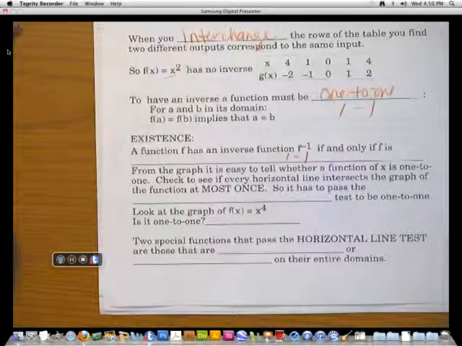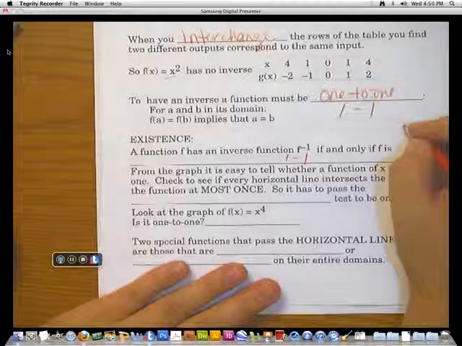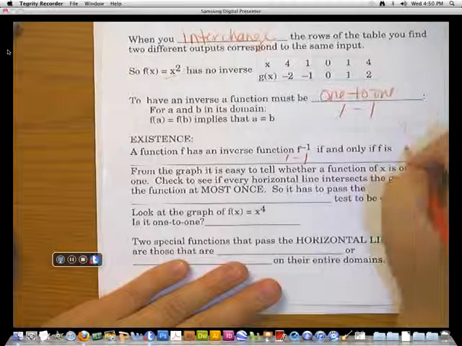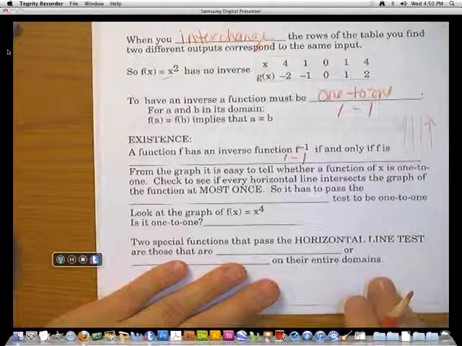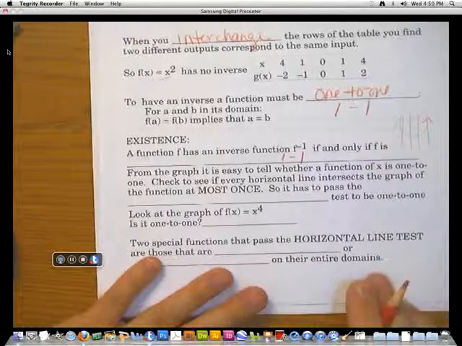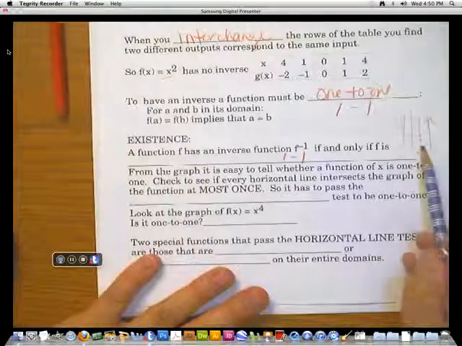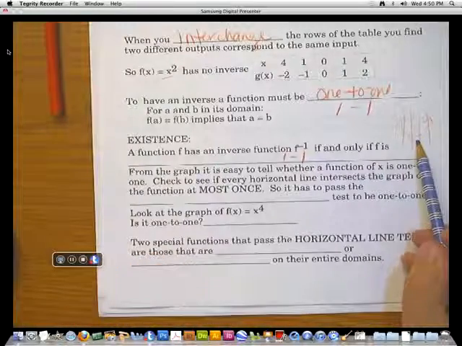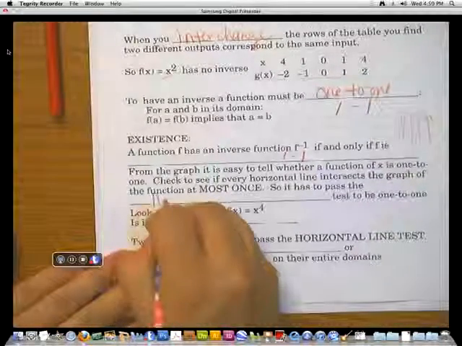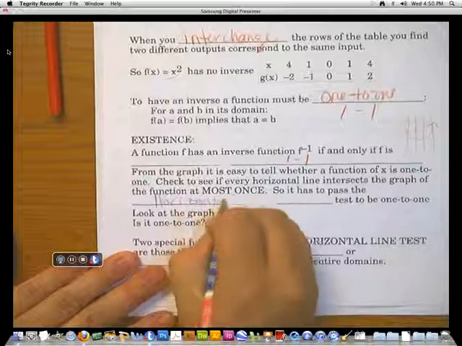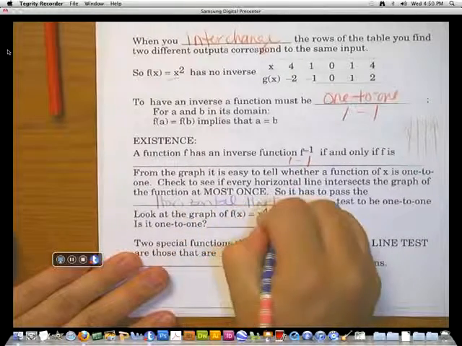Now, we can tell if a relation is a function by a vertical line test. Do you remember back? We would look and we would say, oh yes, it's a function because it passed the vertical line test. Well, in order to know if an inverse exists, it has to pass the horizontal line test.